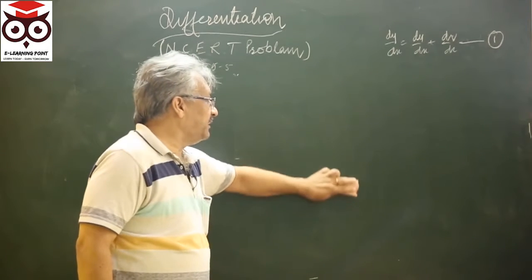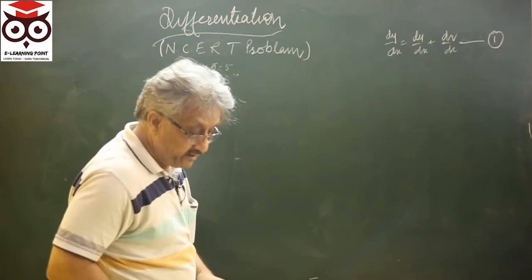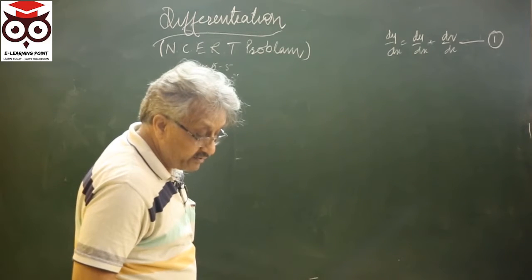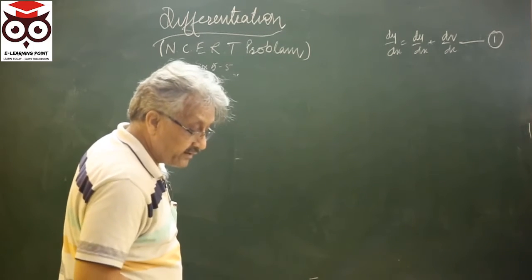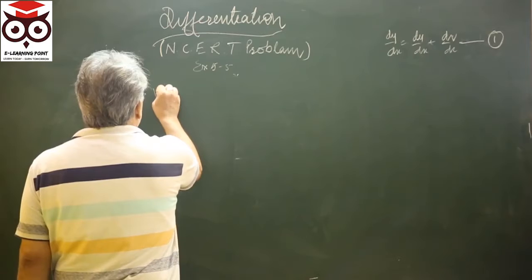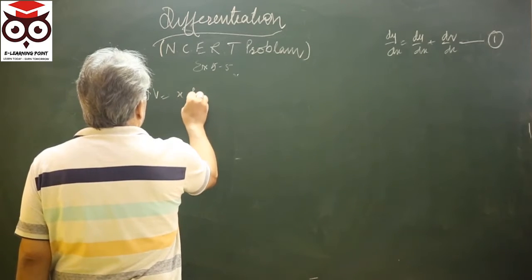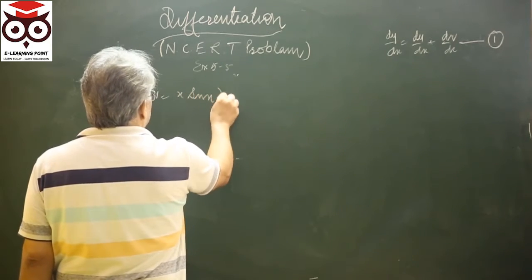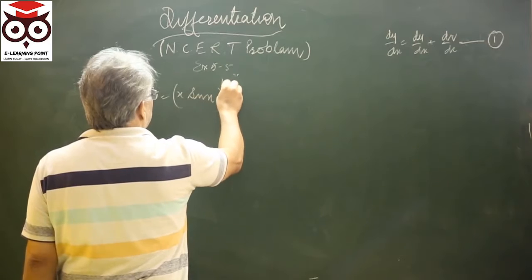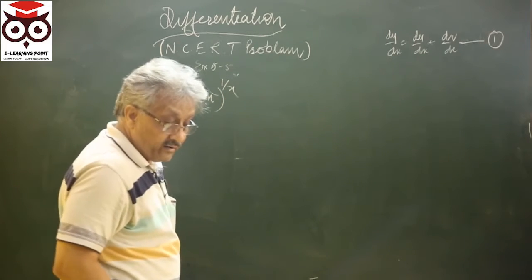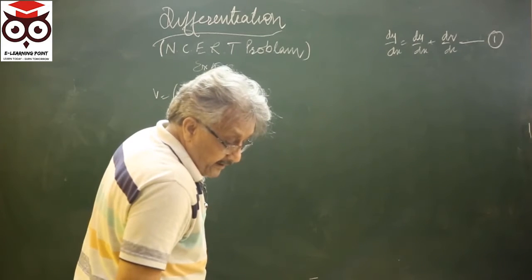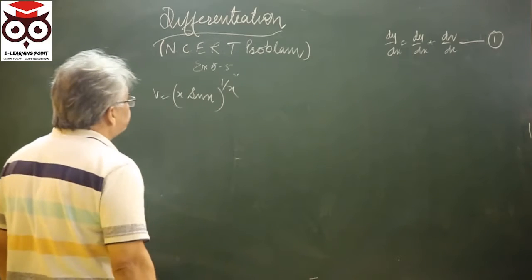आपने du by dx निकाल लिया, अब आपको निकालना है dv by dx. You have supposed here x sin x and its power is, I think, 1 by x.